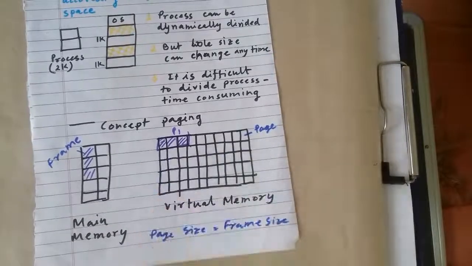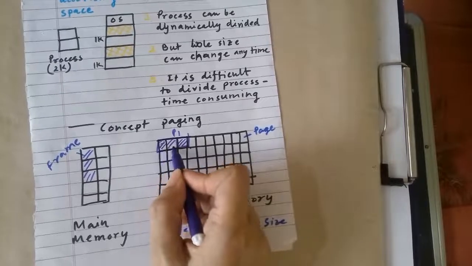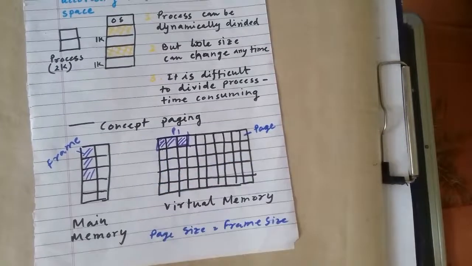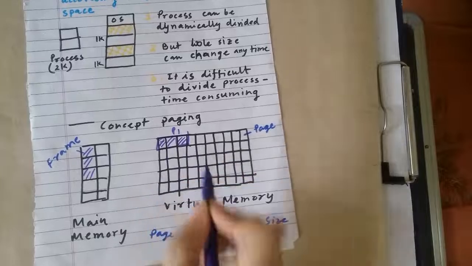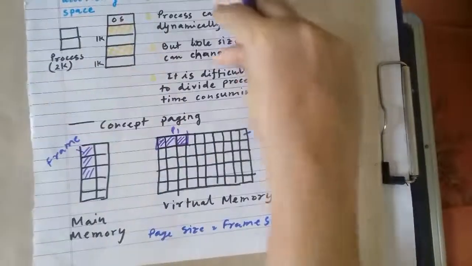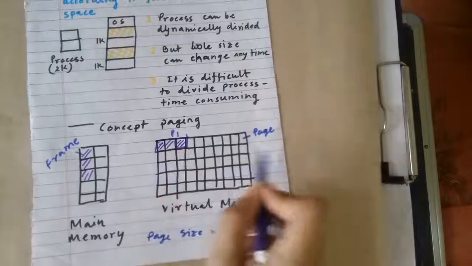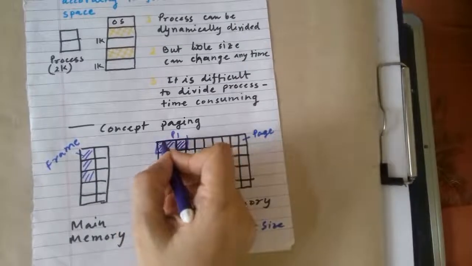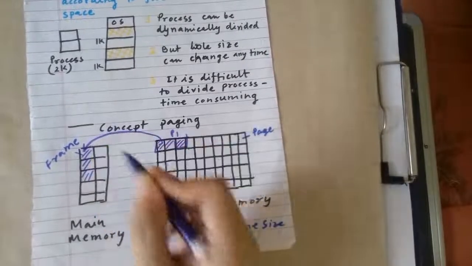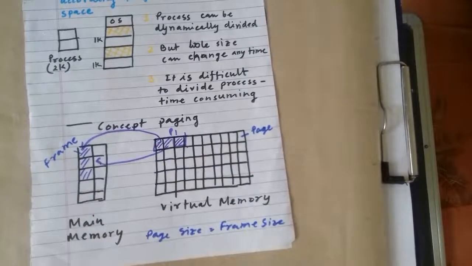So paging-wise, I need to divide the process into equal sized blocks, where we are not considering the program parts, like keeping addition in 1 page and subtraction in 1 page, not like that. Blindly we are dividing according to the page size, and 1 page is loaded to 1 frame, the second page is loaded to the second frame, like that.